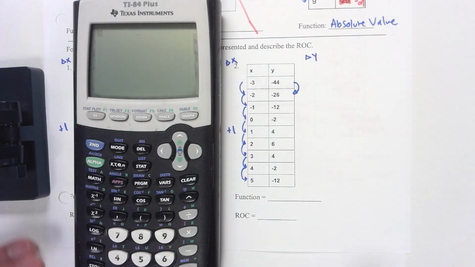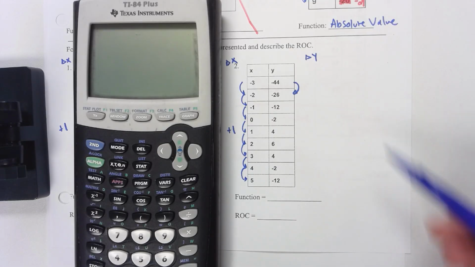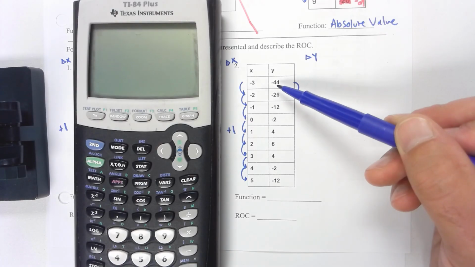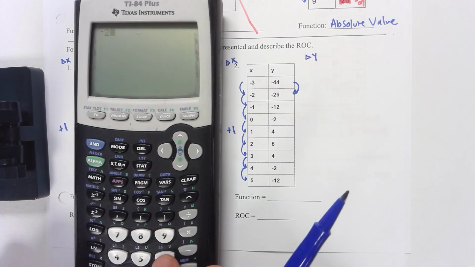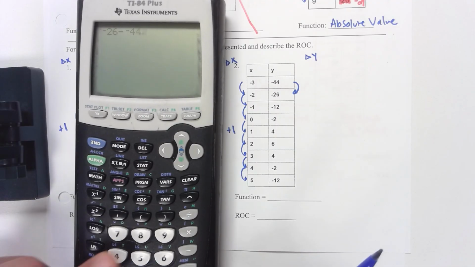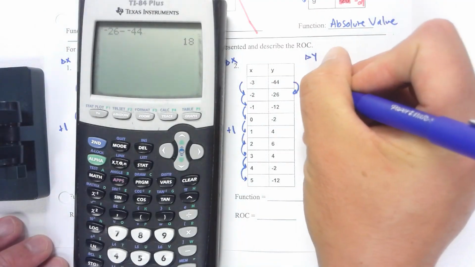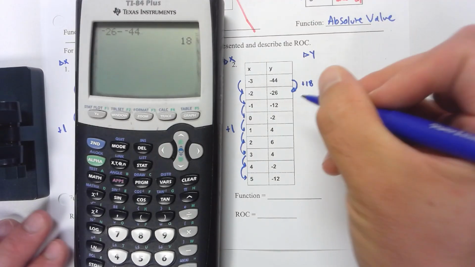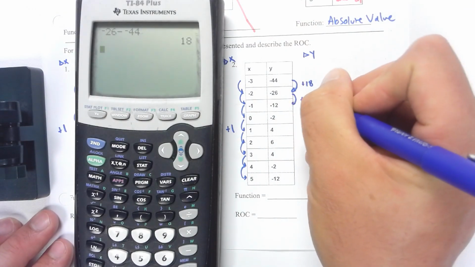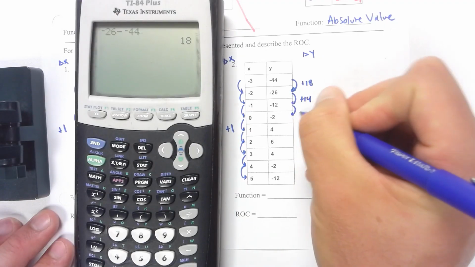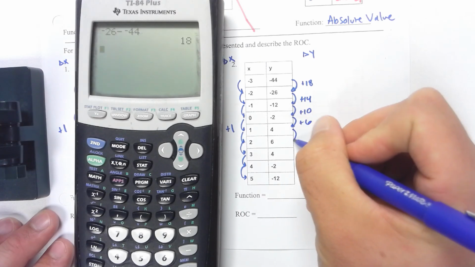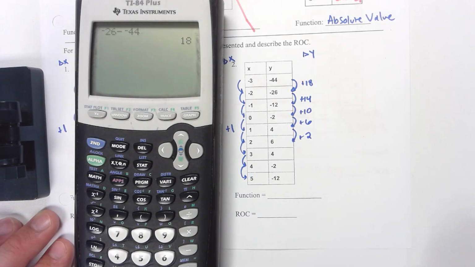Okay, with the note sheet that we wrote today, remember to find a change in y, I can take one y value and subtract it from the one that comes before it. So negative 26 minus negative 44 is plus 18. The next change in y, negative 26 to negative 12, is plus 14, and then plus 10, and then plus 6, and then plus 2.